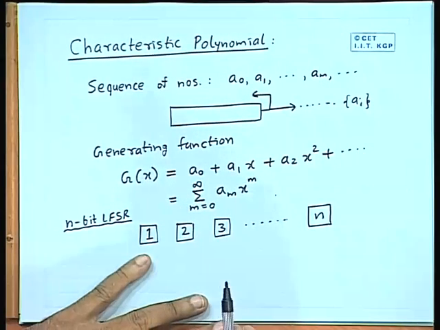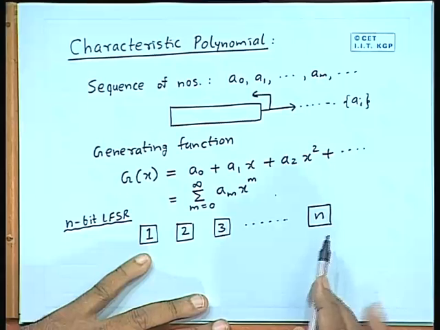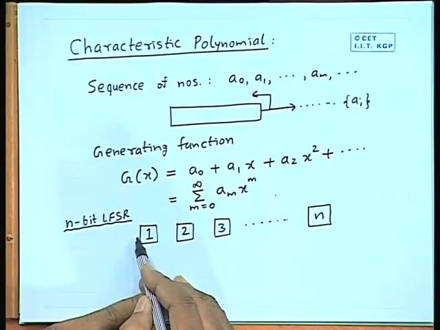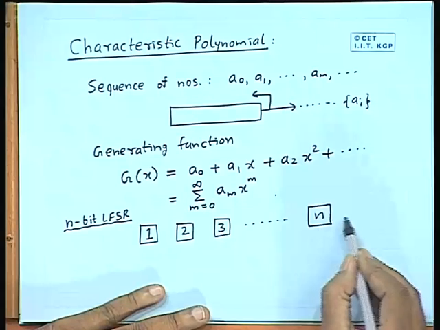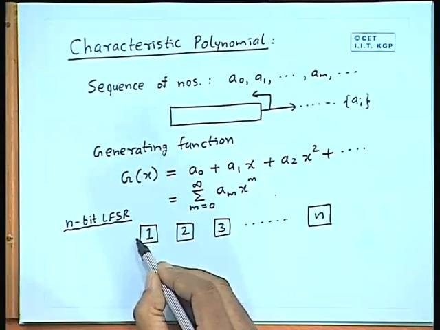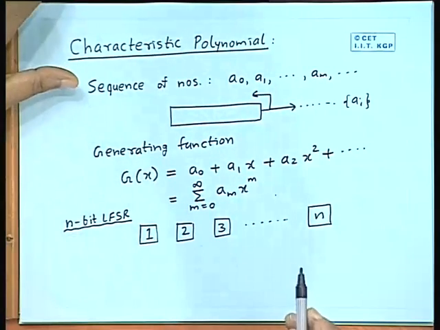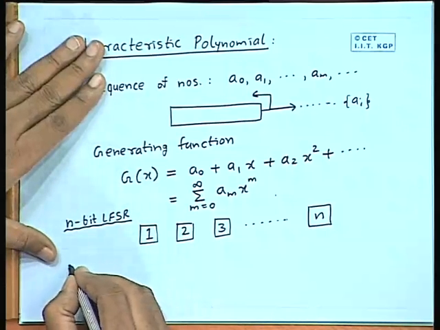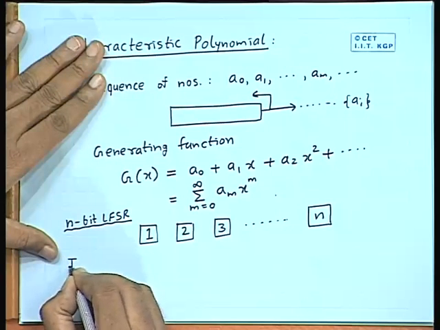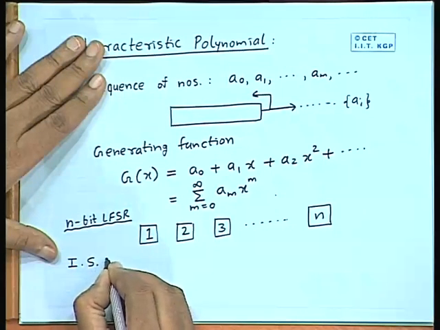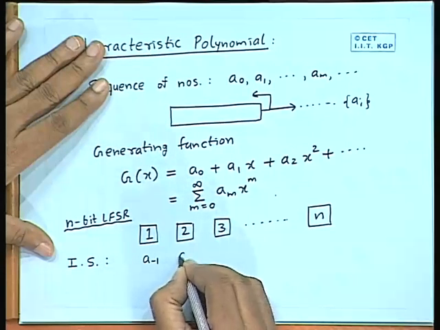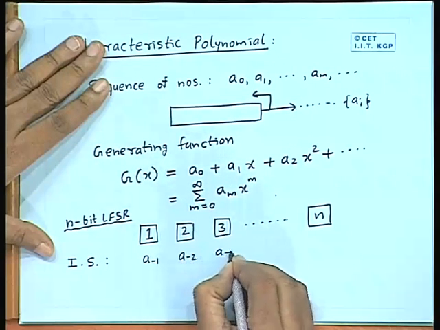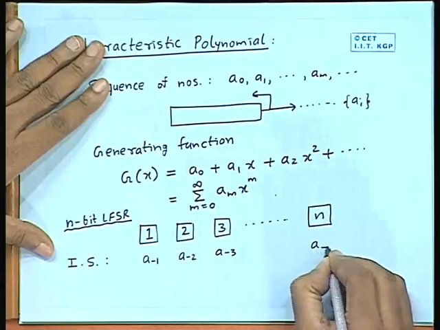At the first clock, whatever comes out or whatever gets in is A0. Whatever gets out will be fed back here. That is what we call A0. So, we are assuming that the initial state of the register is A minus 1, A minus 2, A minus 3, up to A minus n.